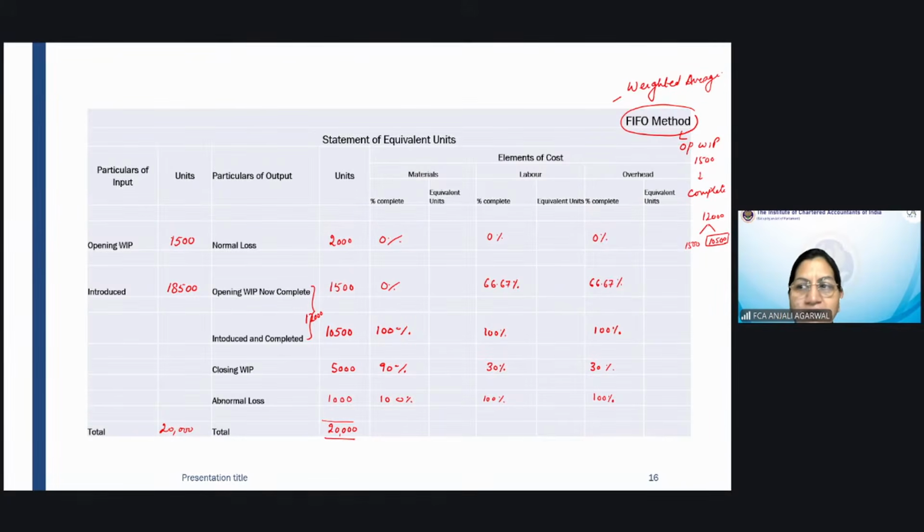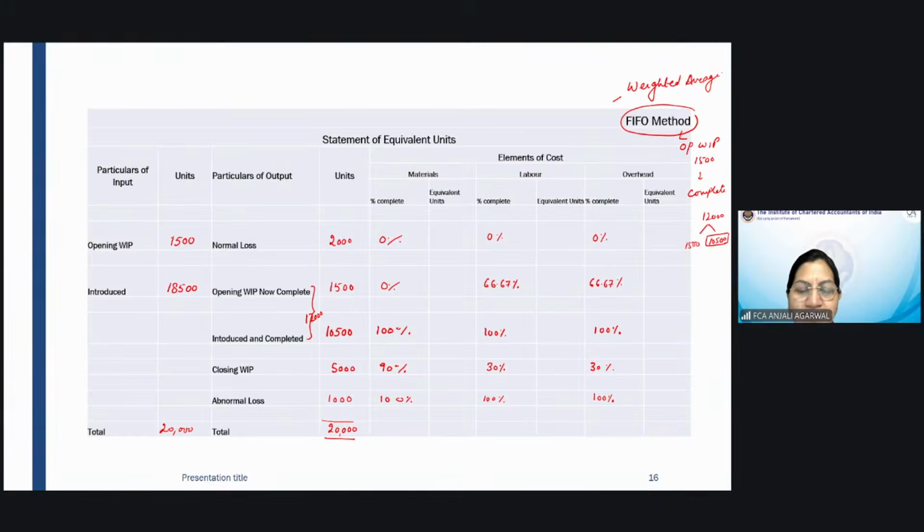Let's say the process is to assemble chairs. You have some kits where the chairs are unassembled. So you pick up the kit. That means you pick up the 100% material and you start assembling them by putting the wages and overheads. But then in the subsequent process, you have to paint it. Now, paint cannot be picked all of a sudden.